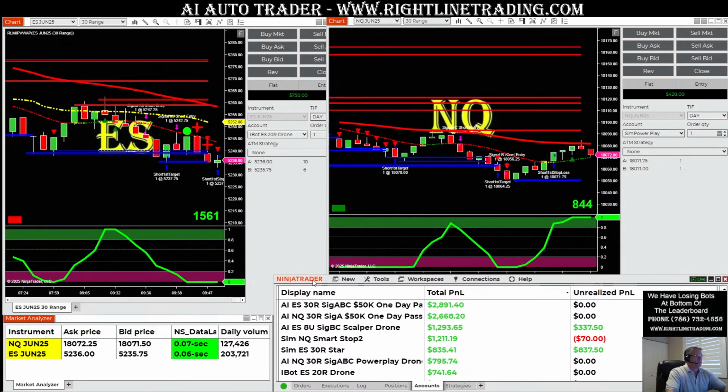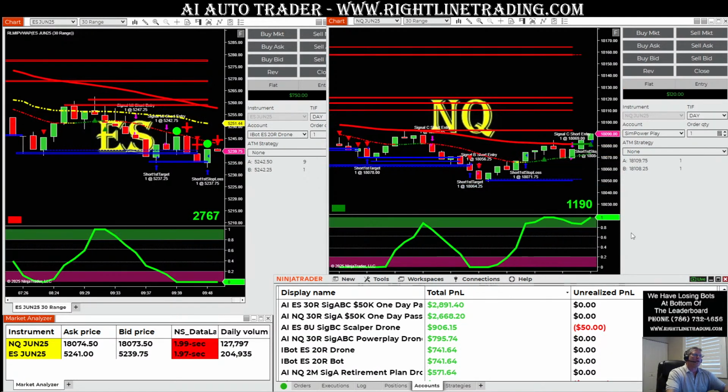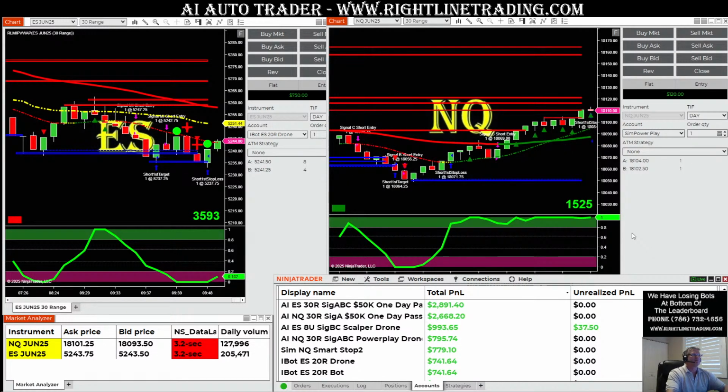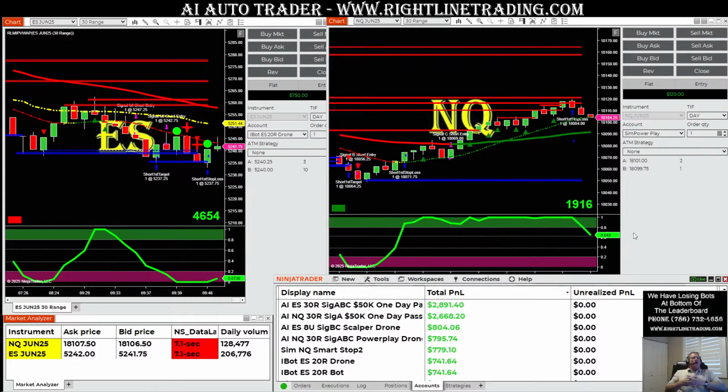So the ones that come right to the top of the leaderboard, where the 30 range one-day passes on the ES and the NQ, this 30 range velocity is finding a rhythm here. You can see a pullback to support and a follow through into the trend. Now things got a little volatile.